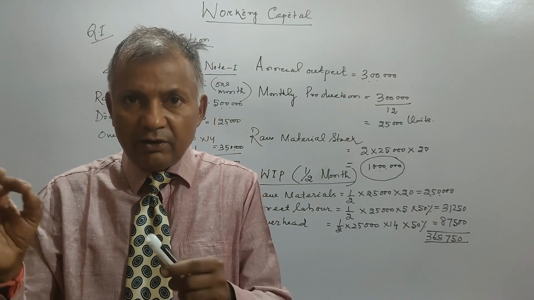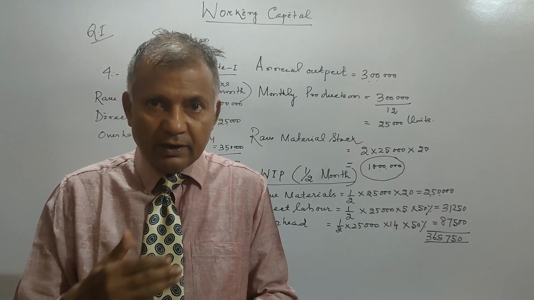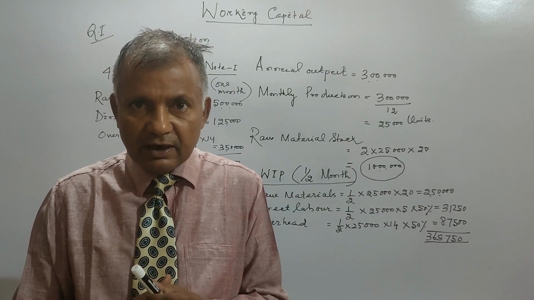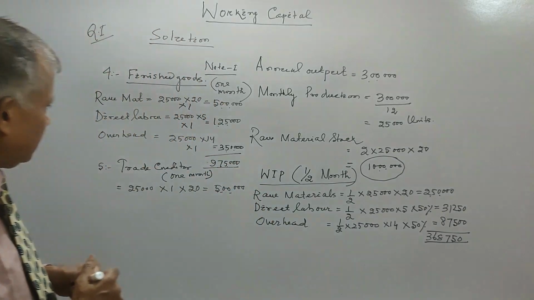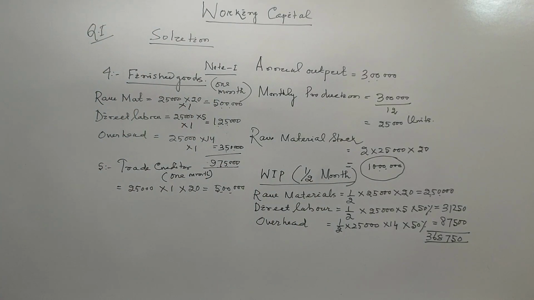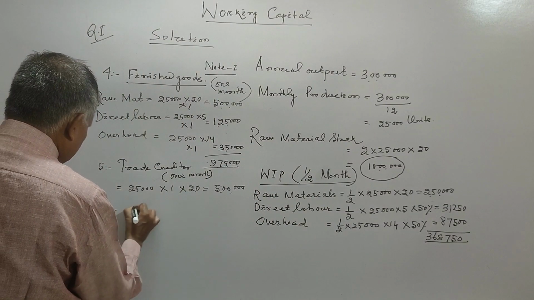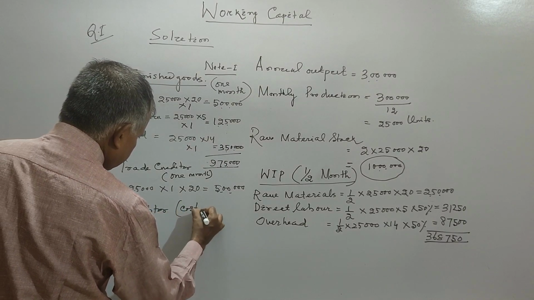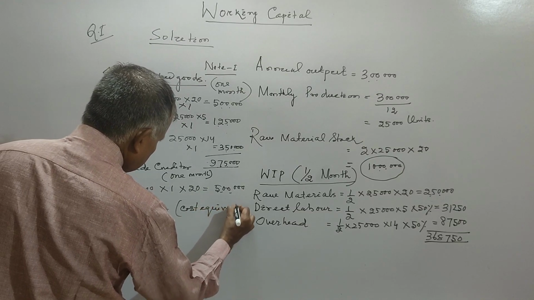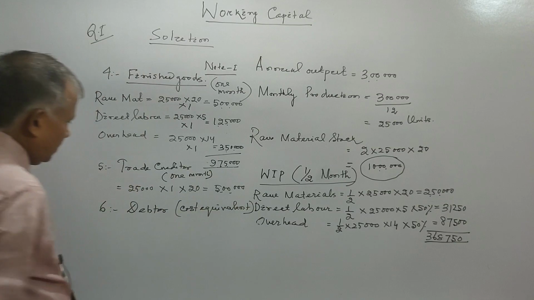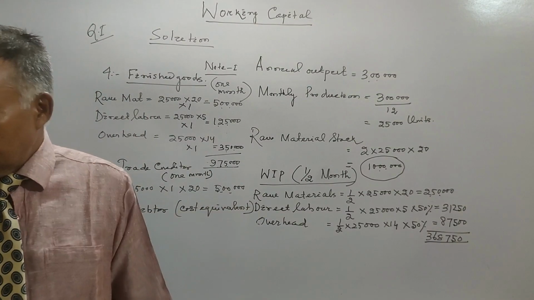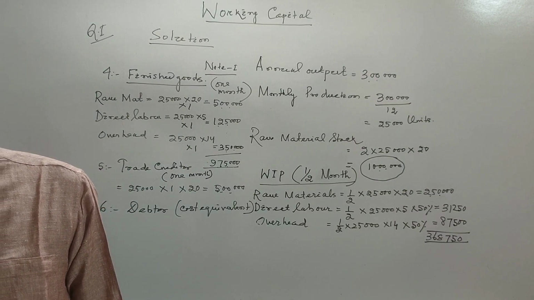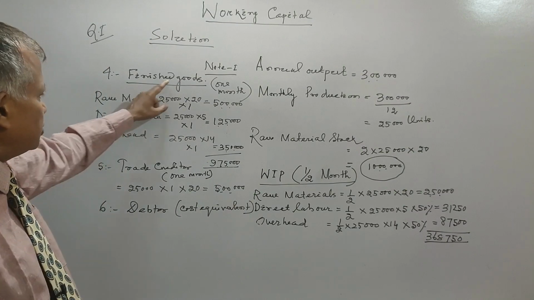And we shall give a note in respect of debtor on the basis of sales price. However, let us calculate the debtor on the basis of cost price. So if we calculate the debtor cost equivalent, in case of debtor, the credit period is 2 months. So finished goods is 1 month.